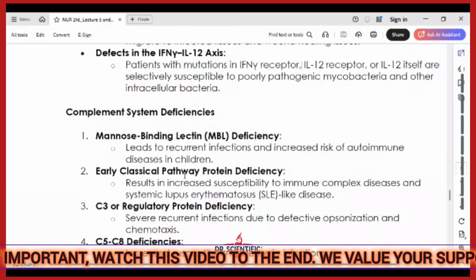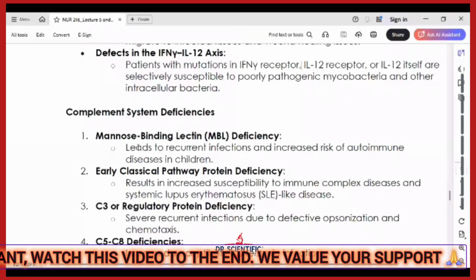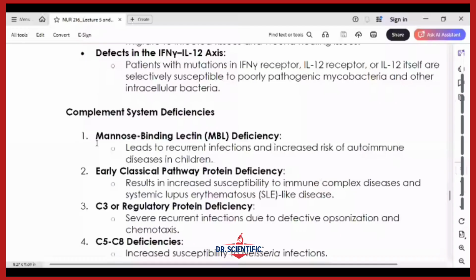And if its receptor is not present on the cells, then of course these individuals will not detect any bacteria that have mannose on them or other carbohydrates on them, and therefore they are prone to having infections from bacteria that carry the mannose, especially on their cells.